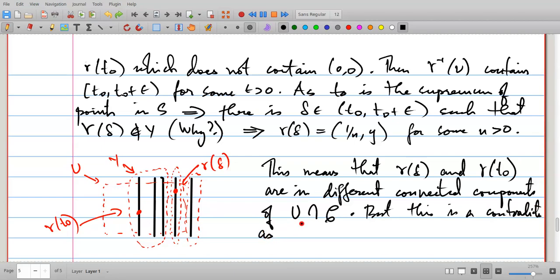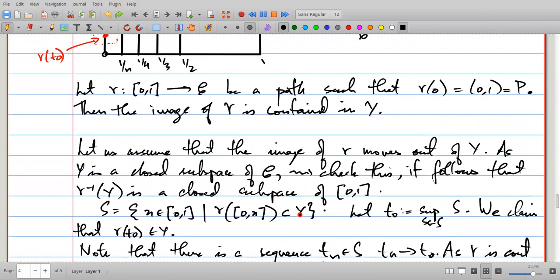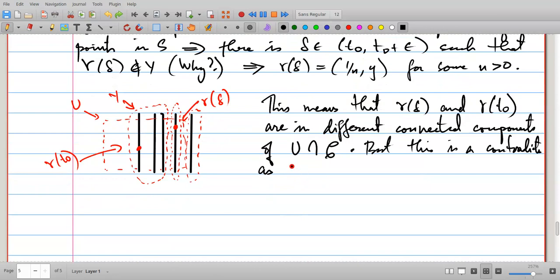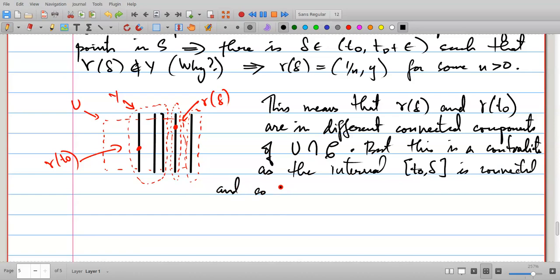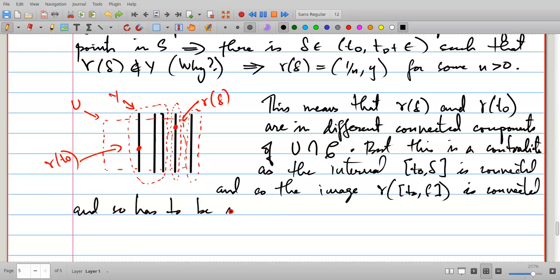as the interval T naught comma delta is connected, and so the image gamma of T naught comma delta is connected, and so has to be in one connected component.